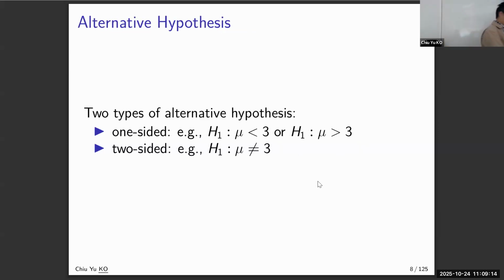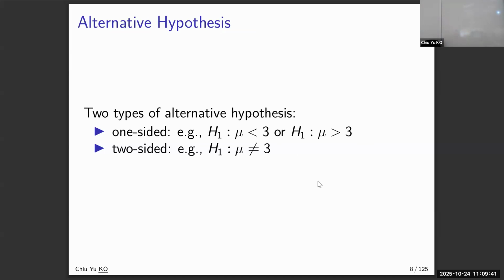When we have an alternative, we will divide it into 3 different types: either less than, more than, or not equal to. So the question is when to use which. Because the null is always simple, there's no problem, it's always equal.